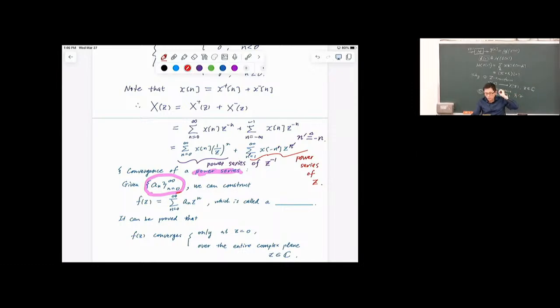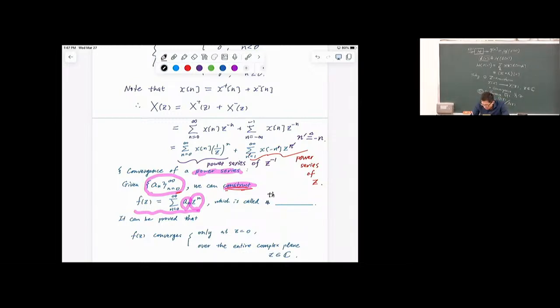Okay? So for any given such infinite sequence, we can attempt to construct a function. Just by construction, we can write down this expression, f of z equals the summation of a n times z to the nth power. And this is called the power series.